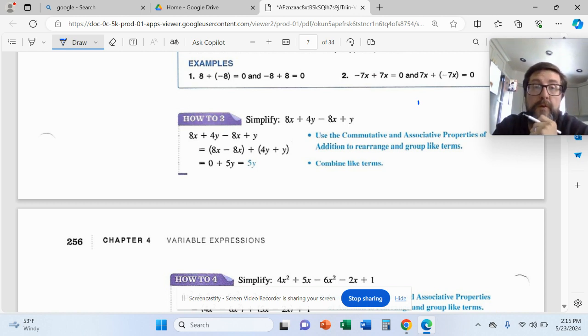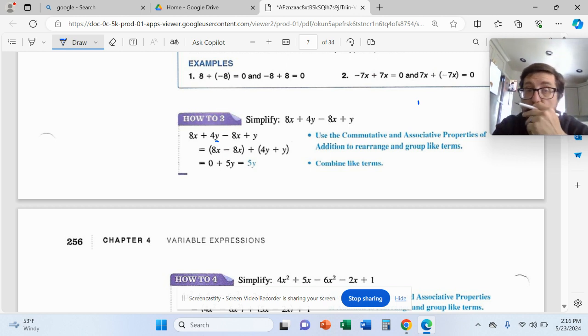How to simplify 8x plus 4y minus 8x. Well, you could do like they're doing, 8x minus 8x. Or you could do 8 minus 8 and then put the x on the outside.